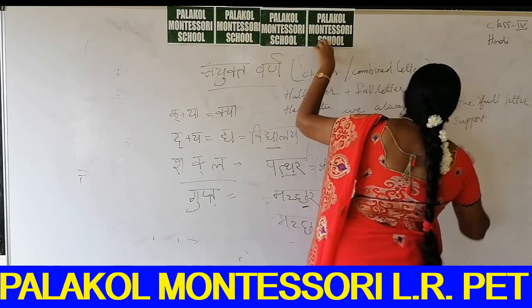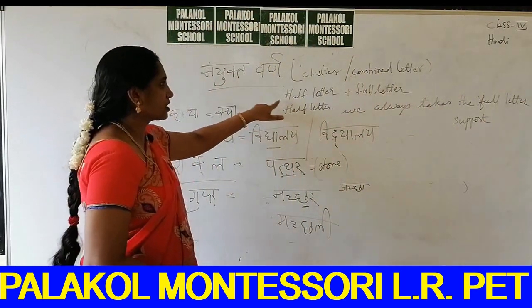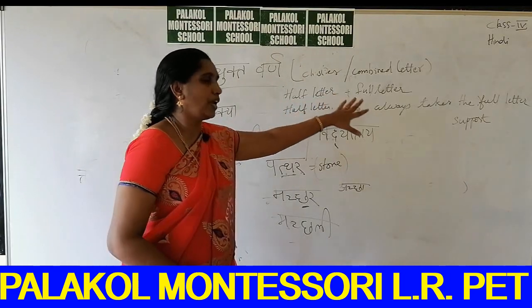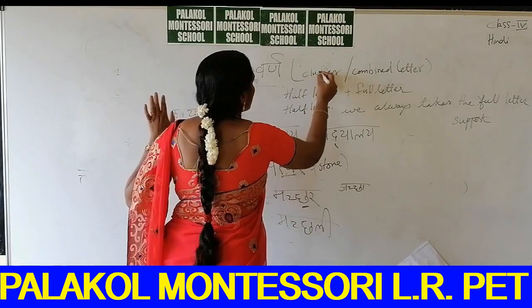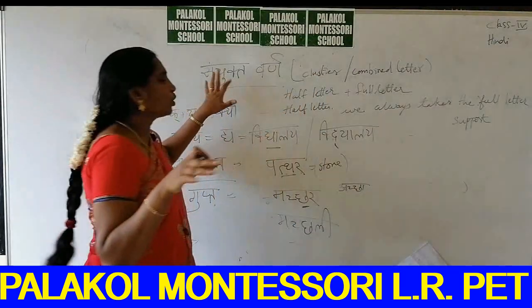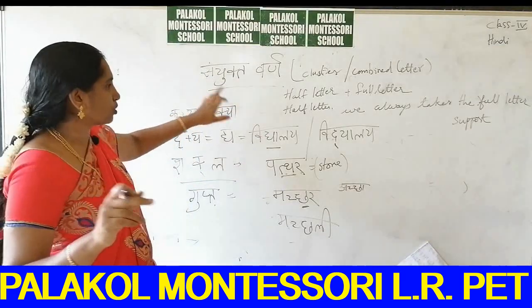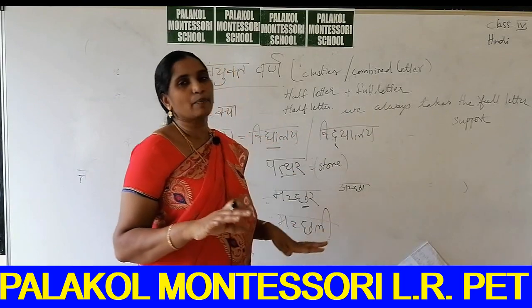For your better understanding, I am writing this also. So here the first letter is a half letter, then a full letter. That is called a cluster, or a combined letter. In Hindi, that is called samyukta. The half letter will always take the full letter's support.